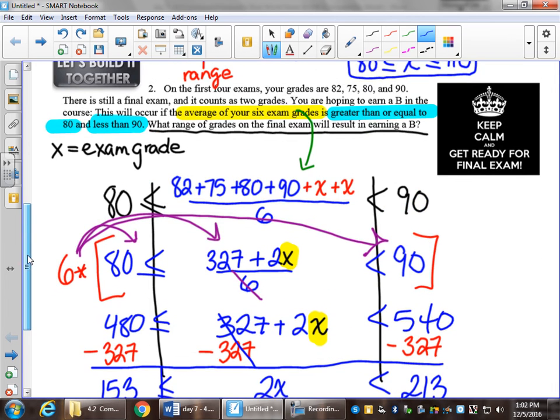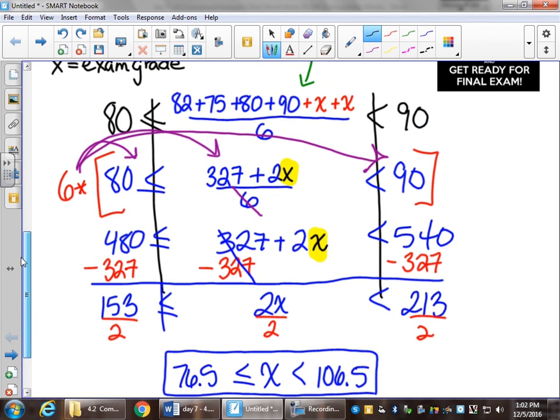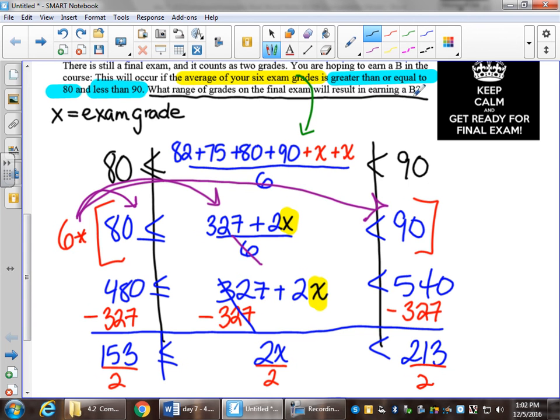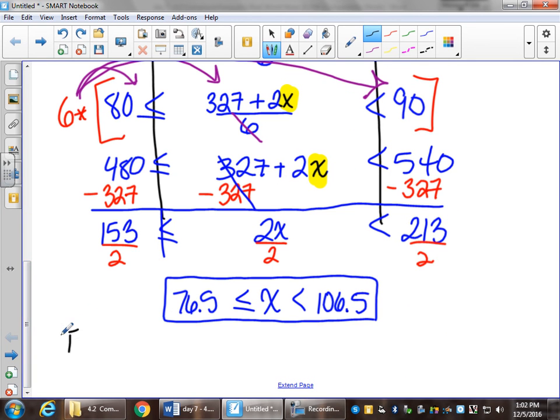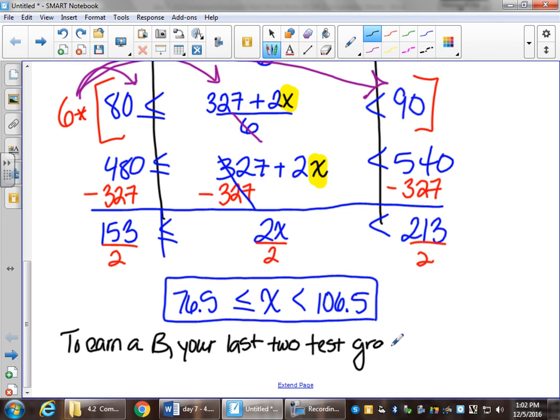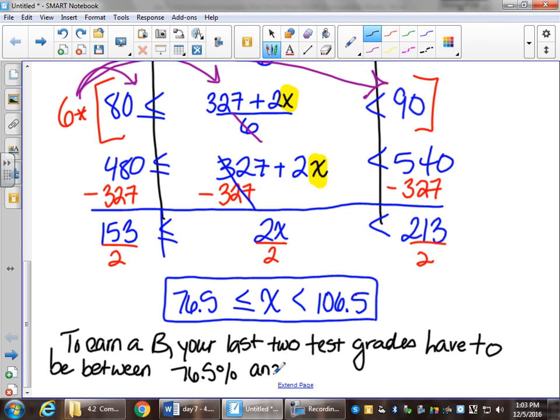X is defined to be your exam grade. So to accomplish what you wanted, which is what range of grades on the final will result in earning a B, to earn a B, your last 2 test grades have to be between 76.5 and 106.5.